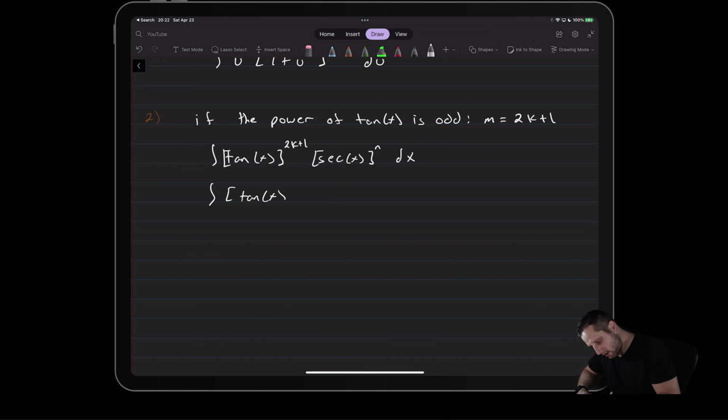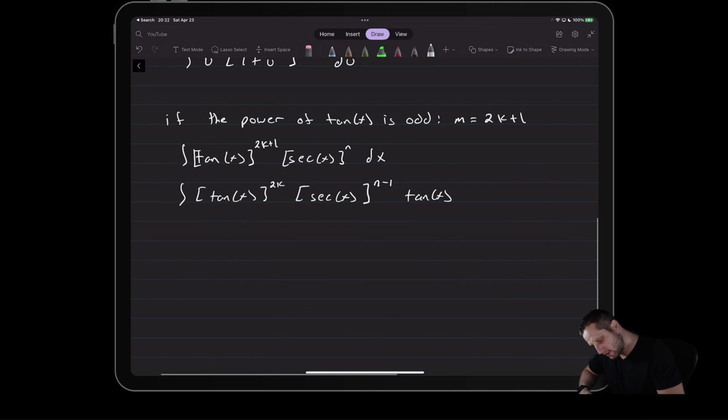So tangent of x to the 2k times secant of x to the n minus 1. So our factor of tangent times tangent of x times our factor of secant times secant of x dx.